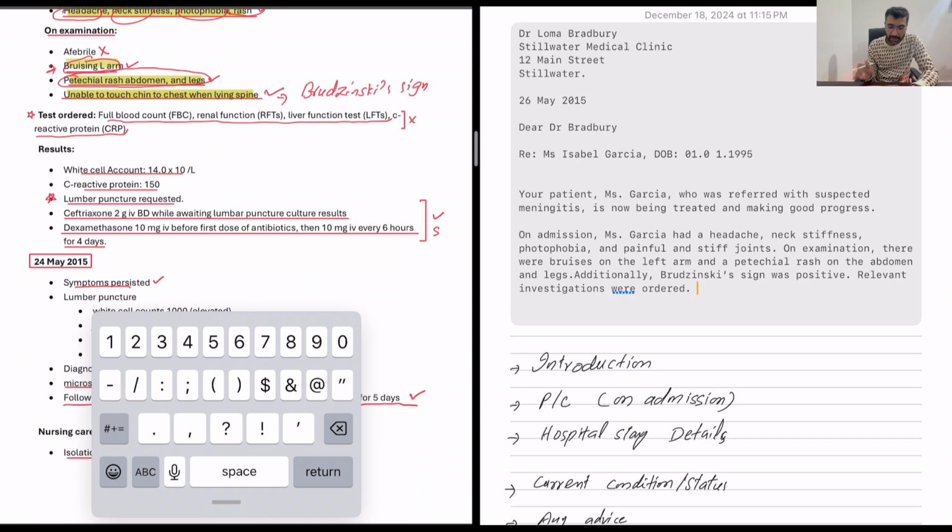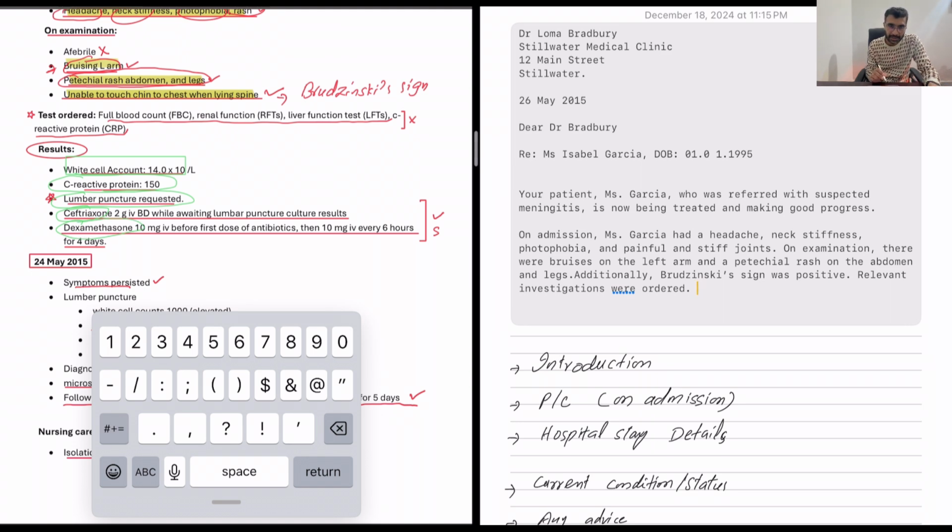And next we will write investigation reports, which are given here under the heading of results. We have white cell count 14,000, CRP 150, and lumbar puncture was requested, and ceftriaxone as well as dexamethasone were commenced.